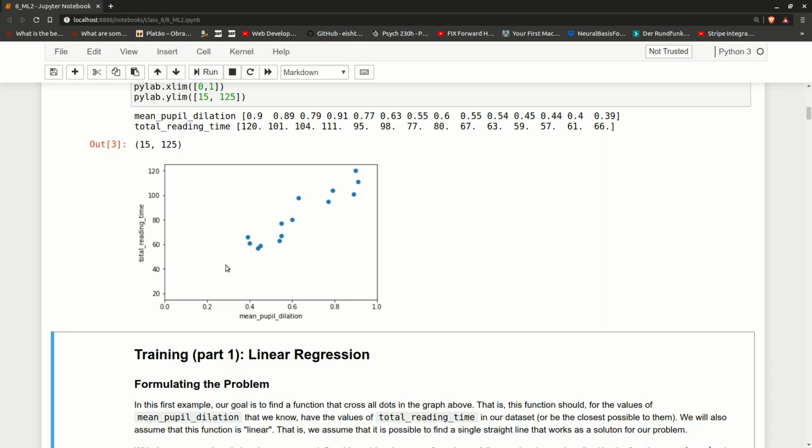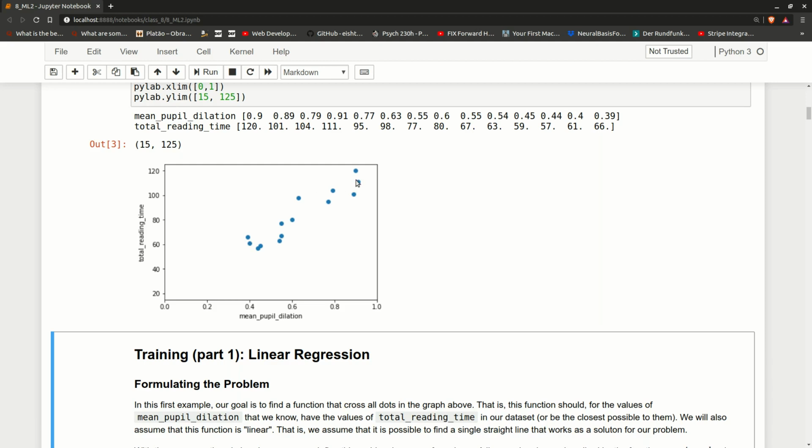If I create a line that crosses here, then probably this line is not a very good description of my data, which is far away from the line. So I can try to find a line that remains as close as possible to all the points, the line that minimizes the distance from the line to the points.